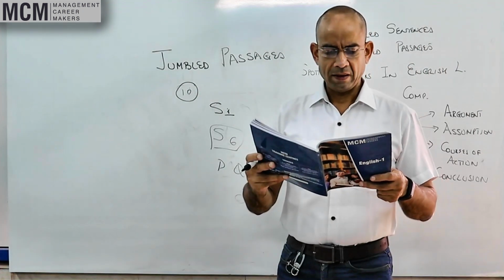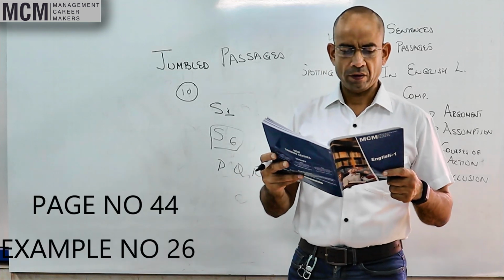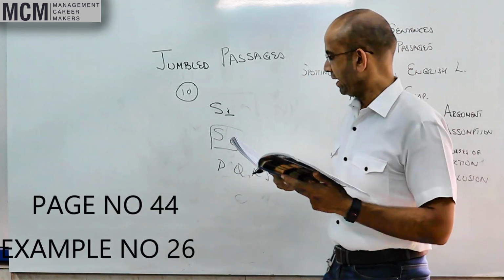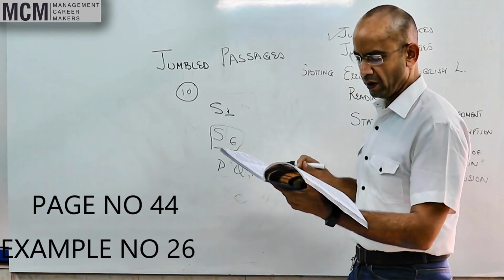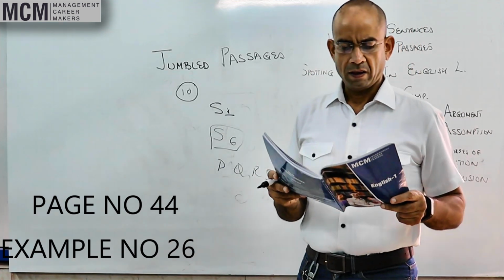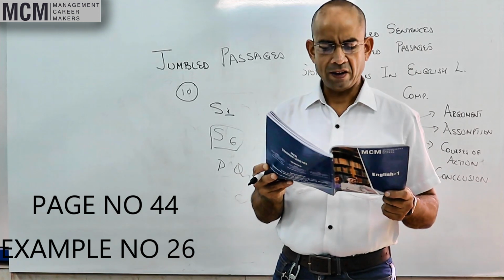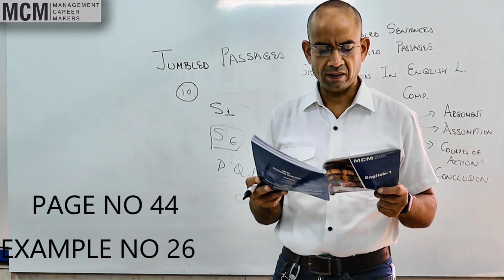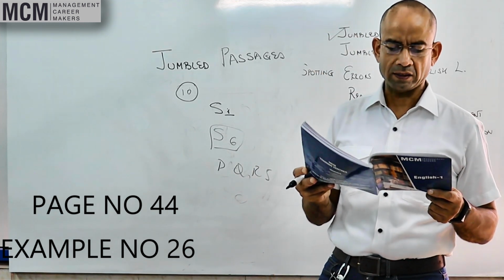Let's look at one more example. Page number 44, number 26. Again, it's S1, S6 and PQRS. S1, read it out first. We must never allow ourselves to lapse into the evil habit of borrowing money from others. S6, we must not confuse money lending with generosity.